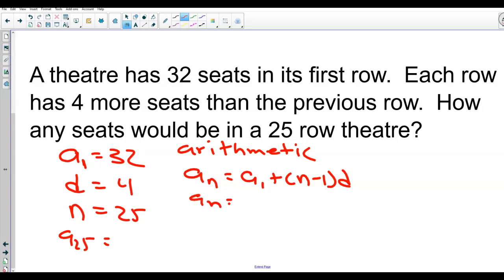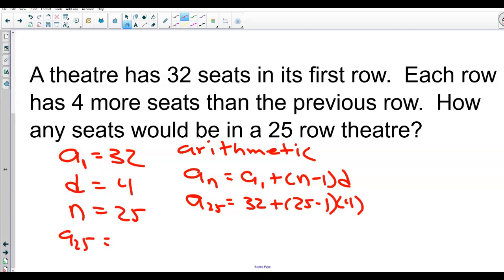So A sub N equals 32 plus 4 minus 1 times 4. Oops, I'm sorry. Not 4 minus 1, my fault. We're talking about row 25 here. 25 minus 1.